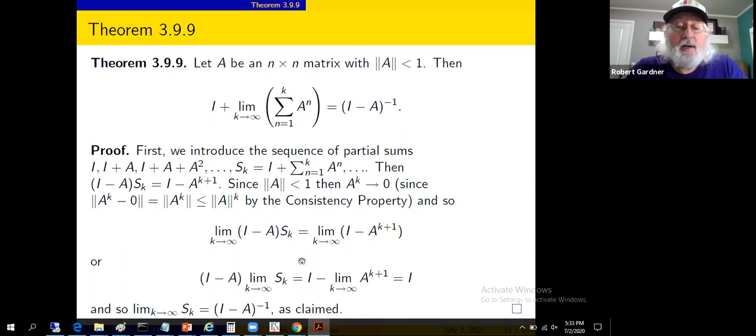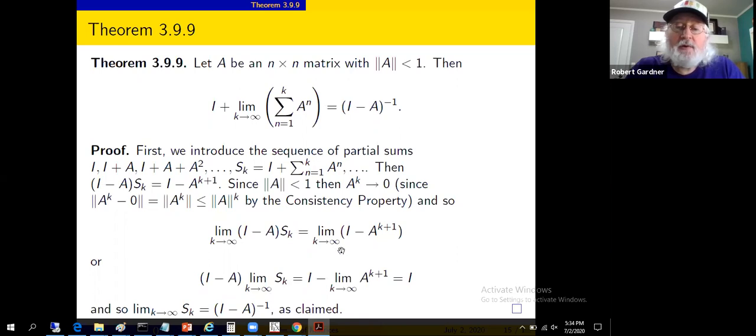So when we take the limit of I minus A times S sub k, that's the same as the limit of I minus A to the k plus 1. Those things are equal, as observed above, that telescoping property. You can bring the I minus A outside. It doesn't have any k's in it, so it's constant with respect to the limit. We get I minus A times the limit of the S sub k's.